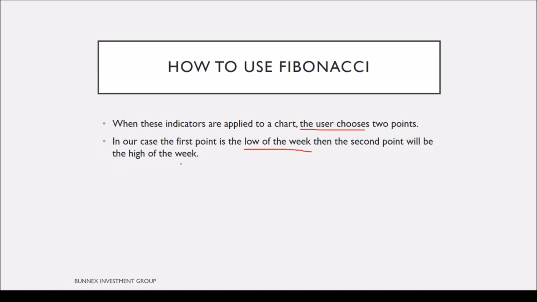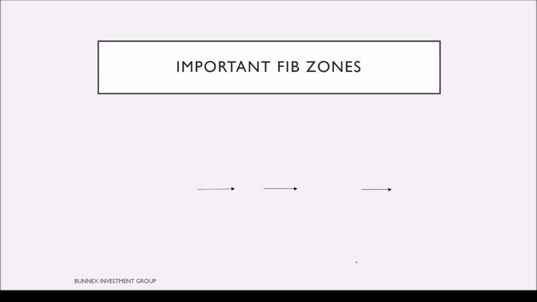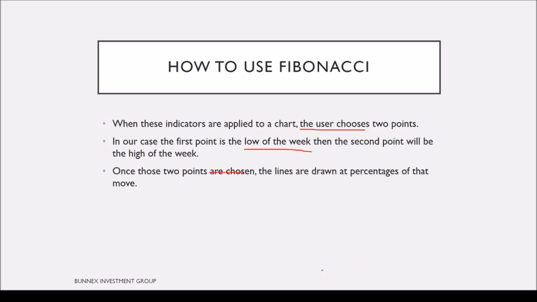After obtaining these points, we now need to apply the Fibonacci retracement tool. Once these 2 points are chosen, the lines are drawn at percentages of that move. So let's take, for instance, we have our first week of rise, which has 5 waves, as we talked about in part 2 of this course.